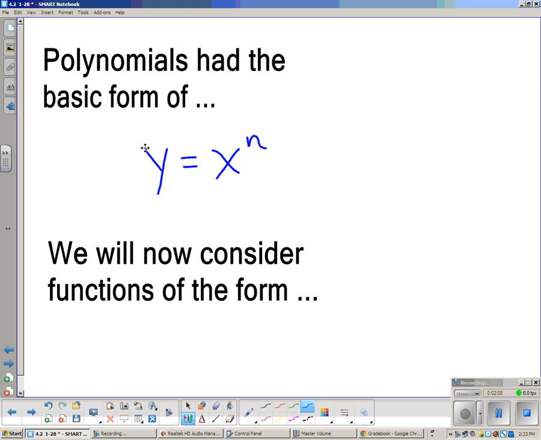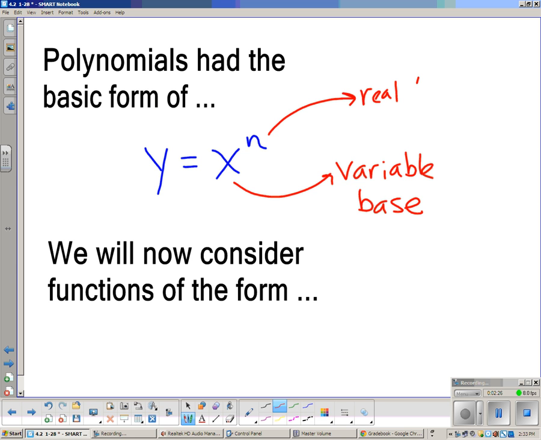We deal with a base that's a variable, so that would be our x value here. Variable base. And then our exponent is where we have a real number. So again, the base was our variable.